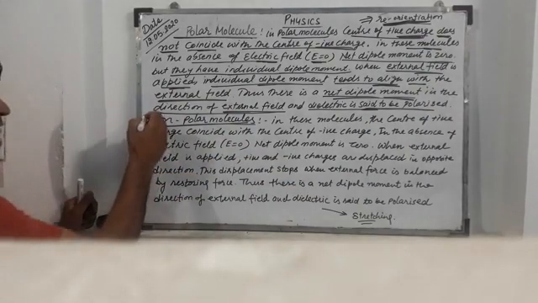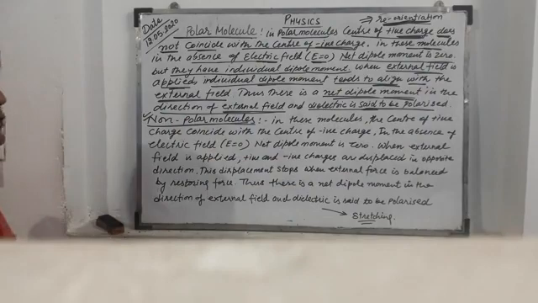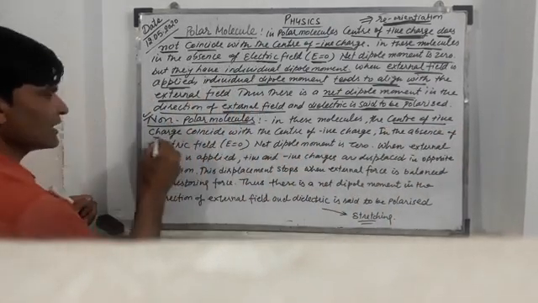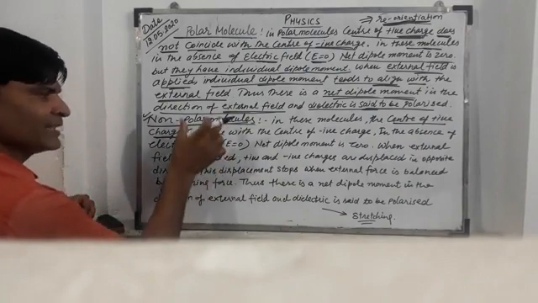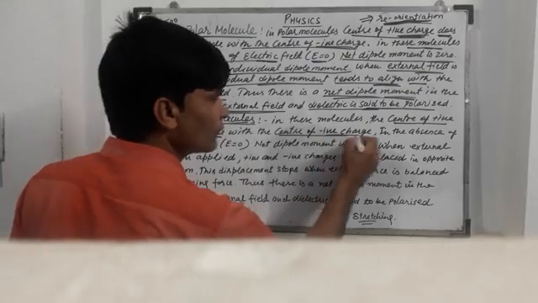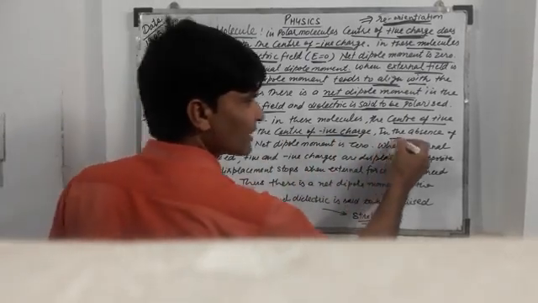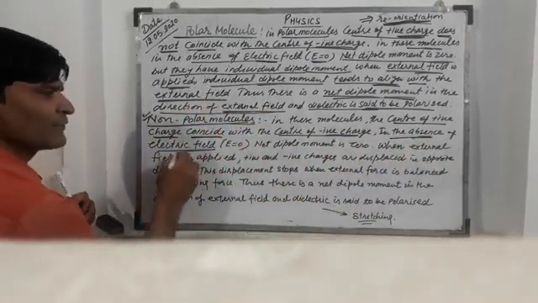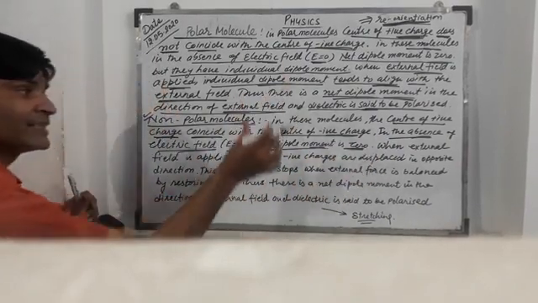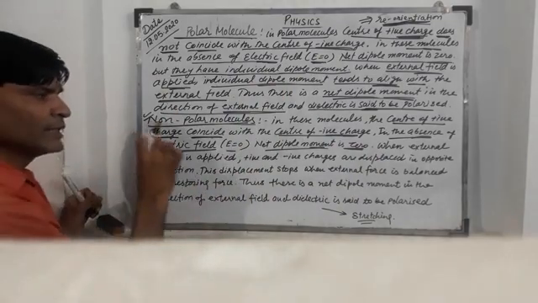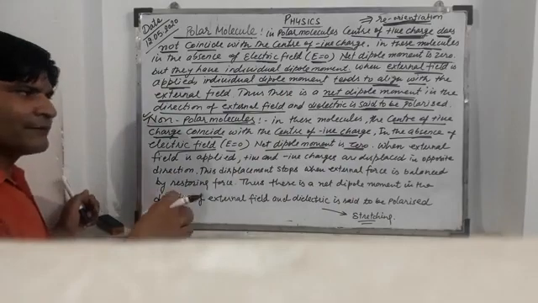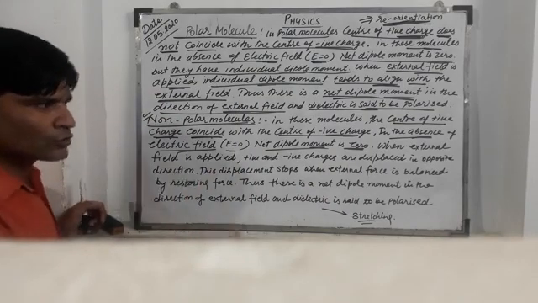Now, in case of non-polar molecules, the center of positive charge coincides, meaning they are at one point, with the center of negative charge. In the absence of an electric field, the net dipole moment is zero, and in this case individual dipole moments are also zero.